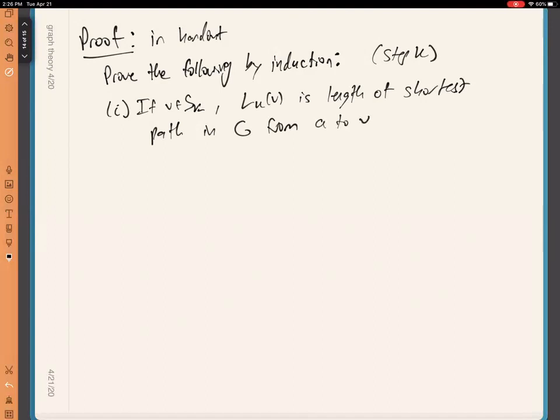And on the other hand, if you have a vertex which is not in the distinguished set Sk-1, say, then we'll show that the label of V is not necessarily the length of the shortest path in the graph, but it is the length of the shortest path in Sk, which are two distinct things, right?